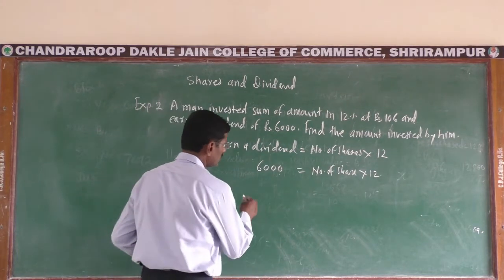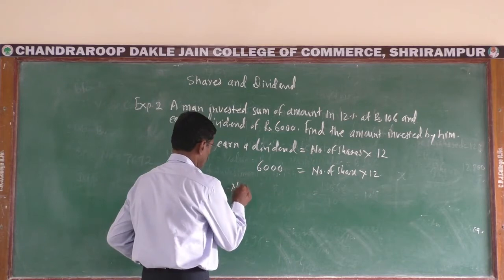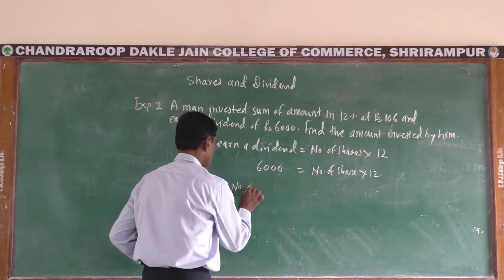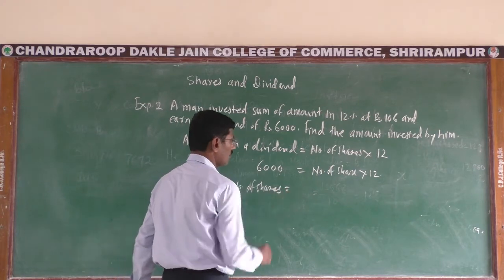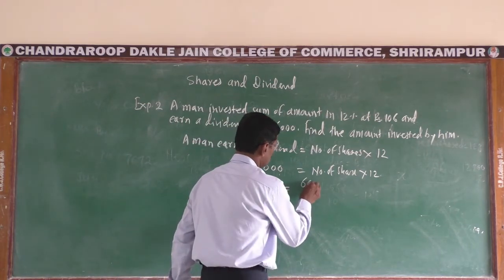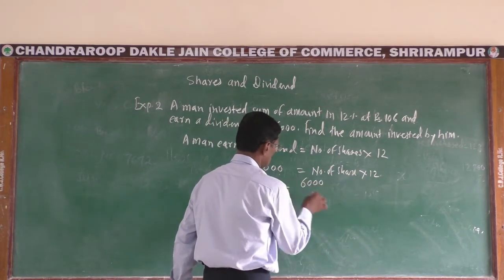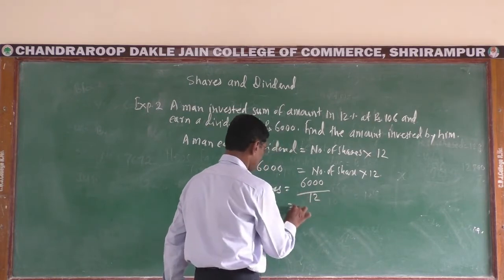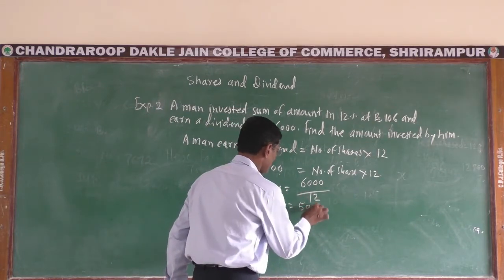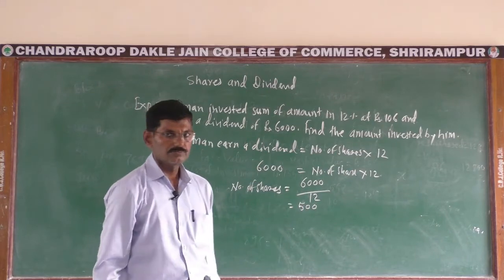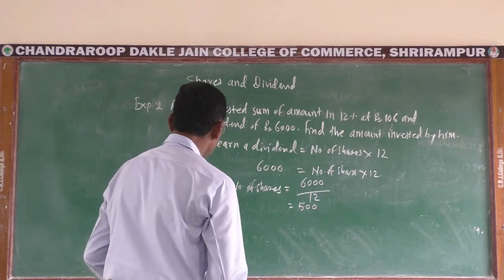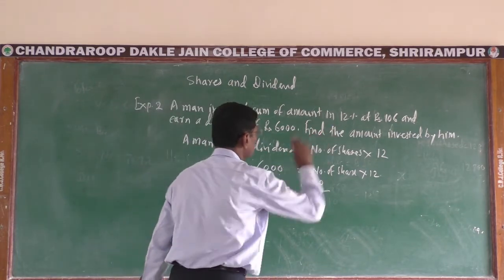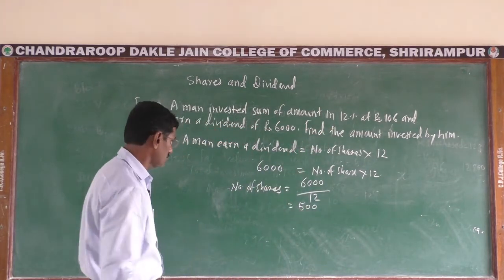Here number of shares is equal to 6,000 divided by 12, that is 500 shares. A share of rupees 100 purchased at rupees 106.